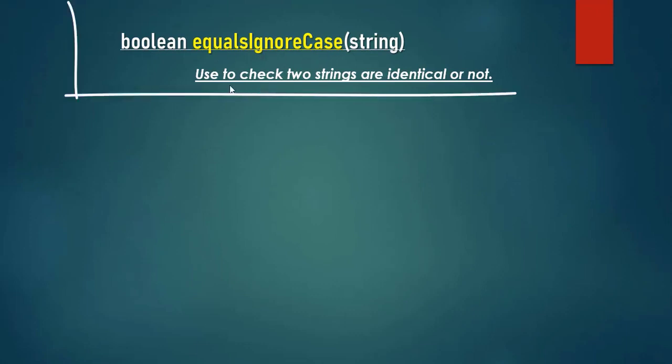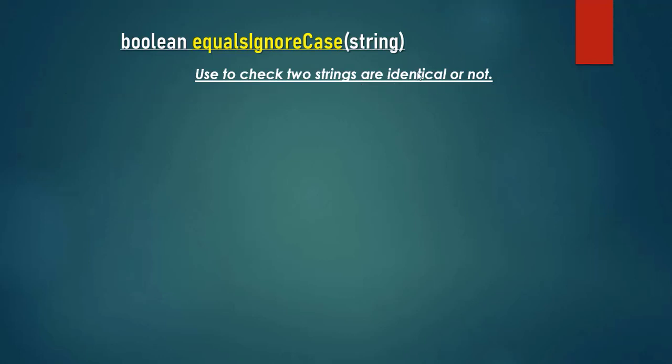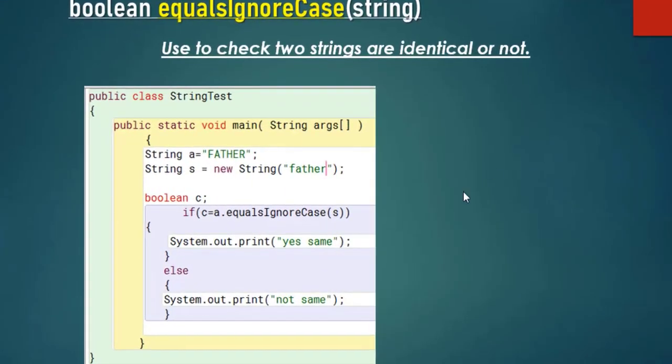Equals ignore case. This function is also used to check whether two strings are identical or not, even if the strings are written in different cases. See the example. Here the first string father is in capital letters, but the next one is written in small letters.